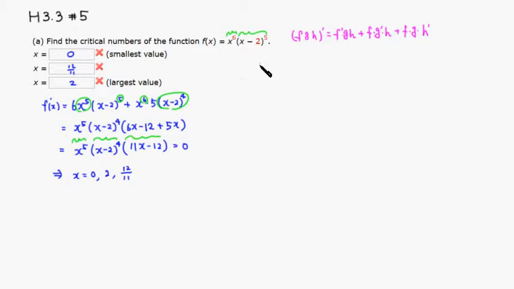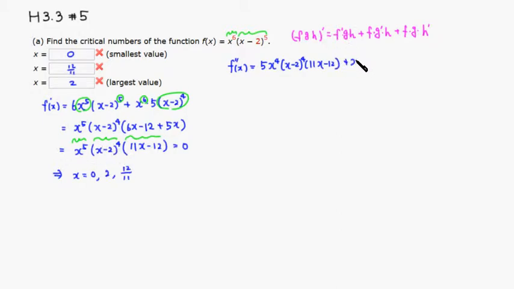So f double prime of x is equal to the derivative of that first. So you have 5x to the 4th times x minus 2 to the 4th times 11x minus 12, plus the derivative of the middle guy.